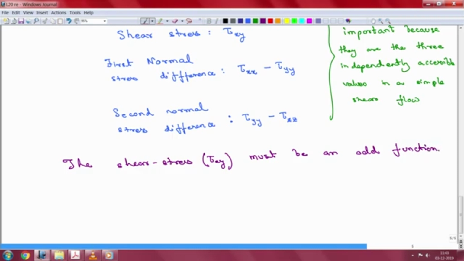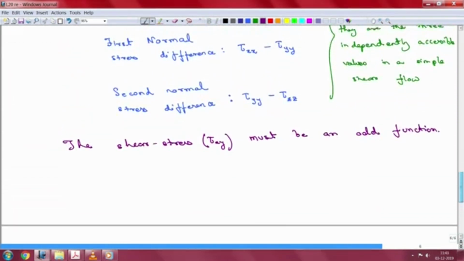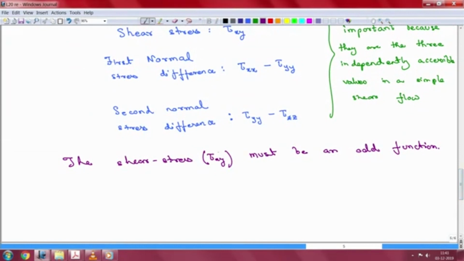You can probably figure that out from a physical argument: if the direction of flow changes, then the sign of tau xy should change. If the flow remains exactly the same, but the direction of u is reversed, then tau xy will have the same value, but with a different sign. So this will be an odd function.